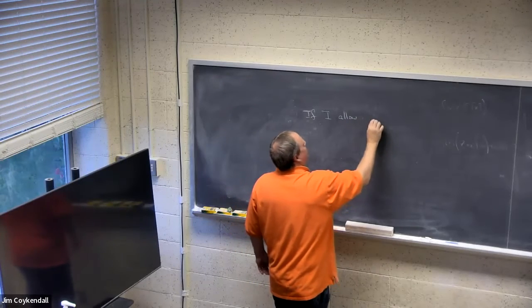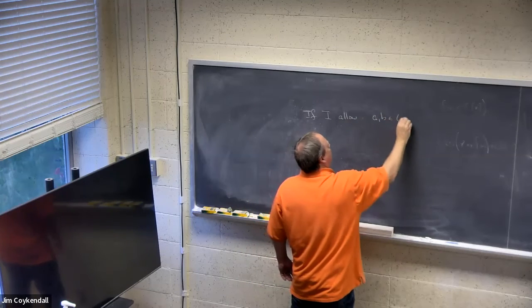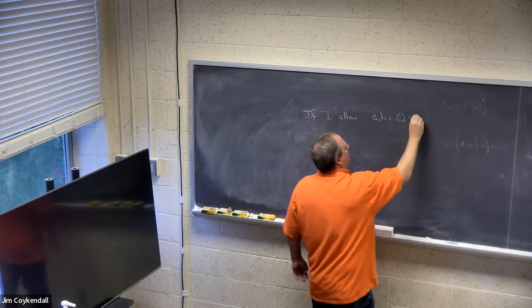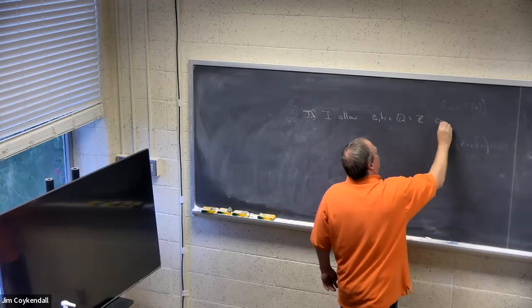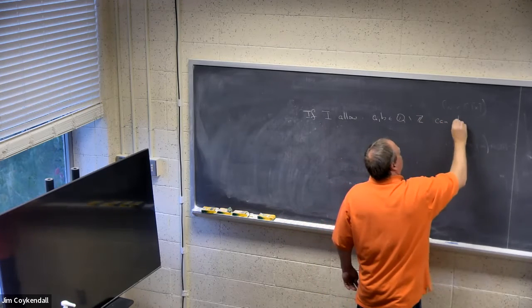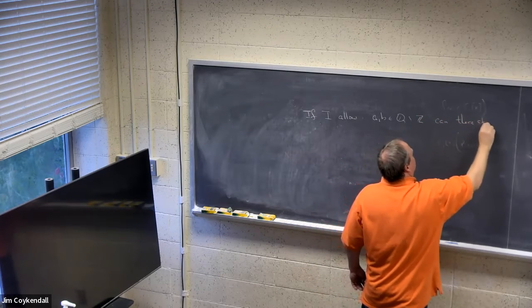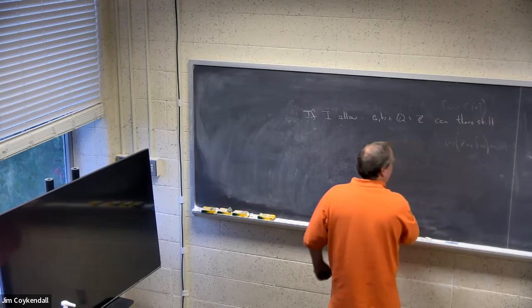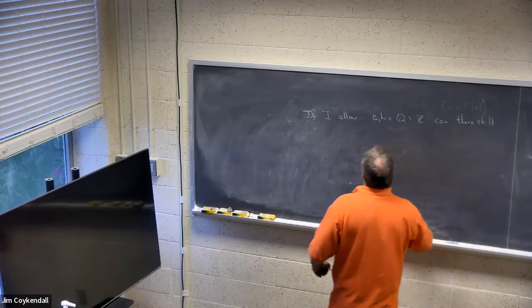if I allow a, b in Q, but not Z, can these be integral elements?